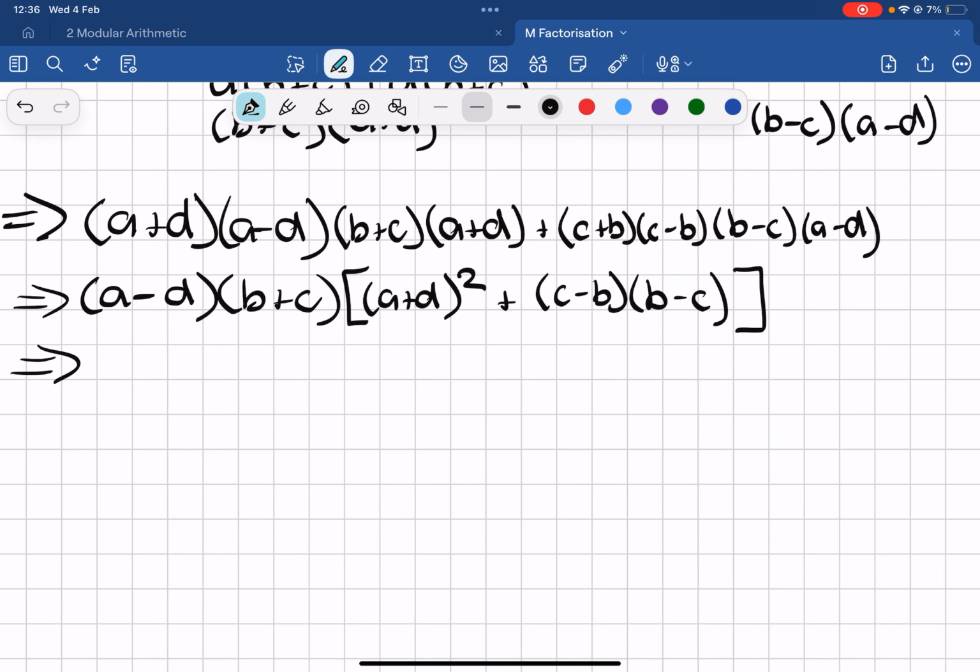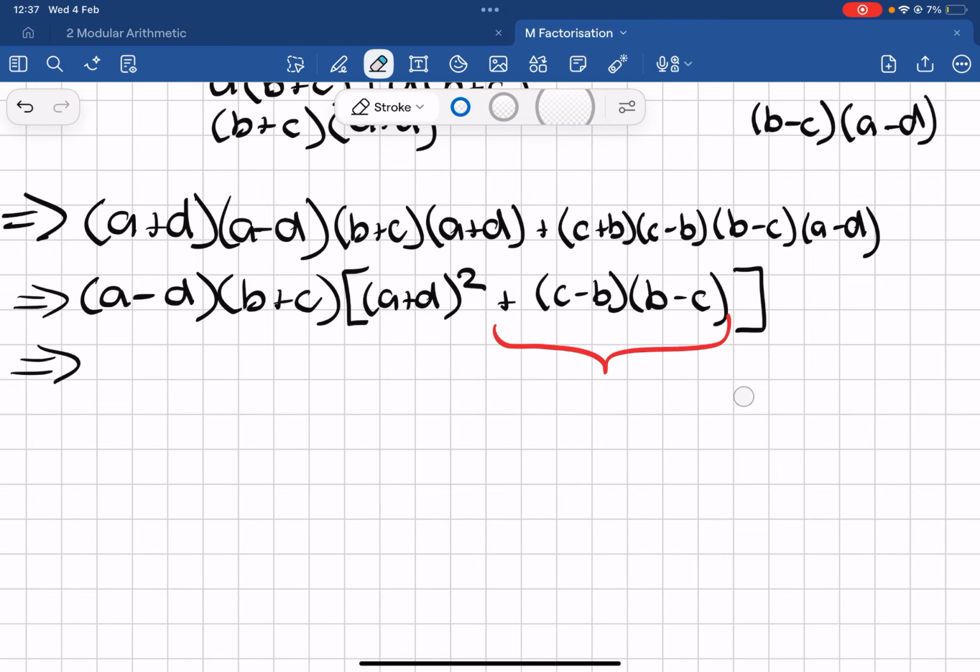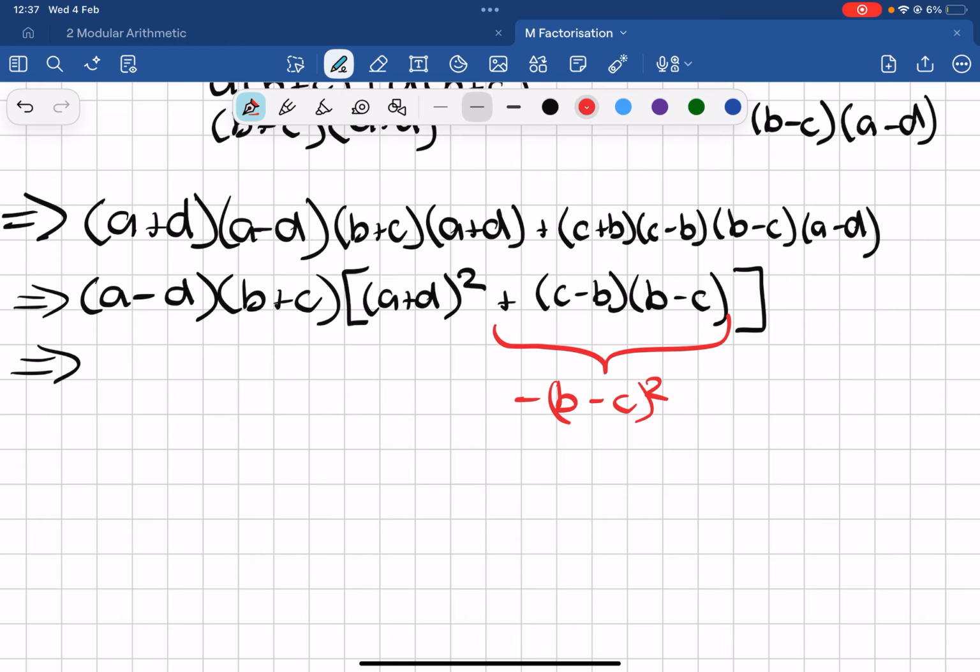I believe we can. C minus b and b minus c is just the same as saying minus b minus c squared.